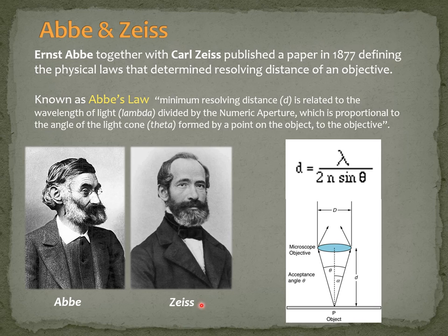And Abbe was capable of saying that the distance between the two points is directly proportional to the wavelength that we are using. So the smaller the wavelength of the incident light, the smaller the distance between two points that I can see and resolve under the microscope.